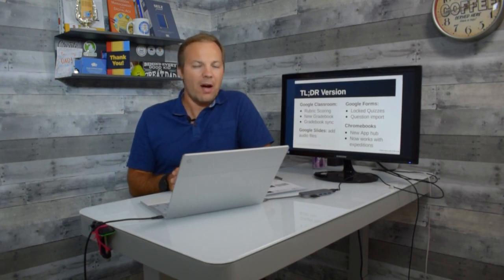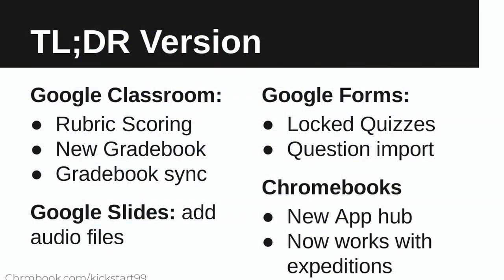We'll also look at an update for Google Slides with audio. I have some updates with that. We'll look at Google Forms, 2 updates there, locked quizzes with forms, and also the quiz import option, 2 very good updates. And then some new updates for Chromebooks as well. I'd like to introduce you to the Chromebook App Hub and also talk with you about Google Expeditions on Chromebooks. So that's where we're headed. That's what you can expect during this webinar.